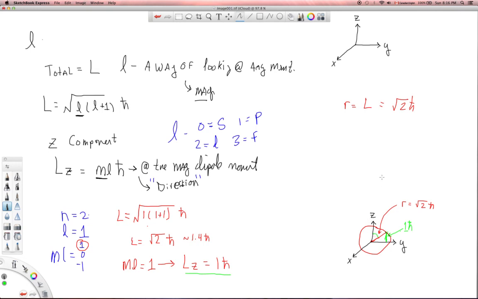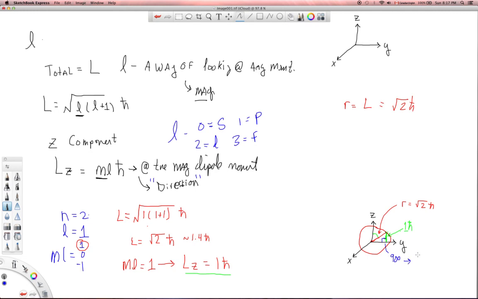This angle is rather difficult to find directly, but if we go to the second triangle down here, I know that this is a 90-degree angle. And if I know the length of r and the z component, I can use basic trigonometry, right?